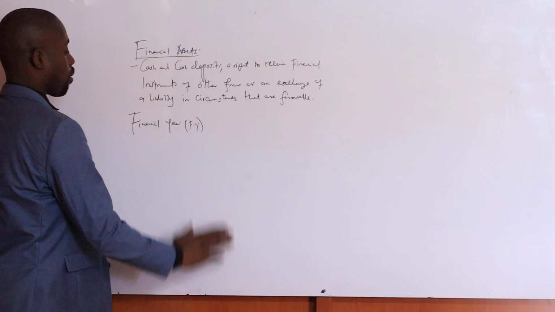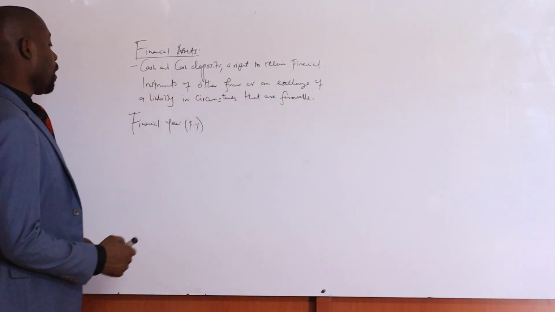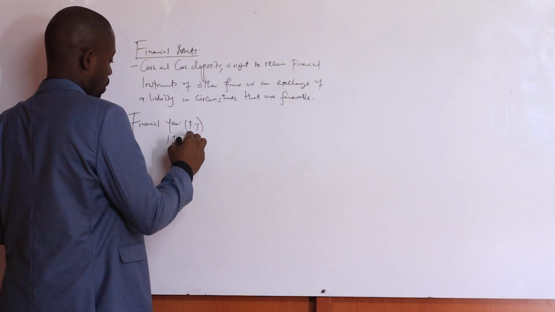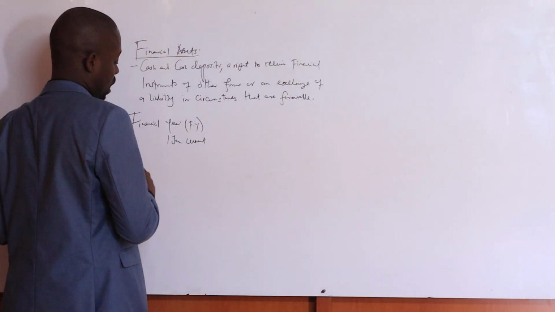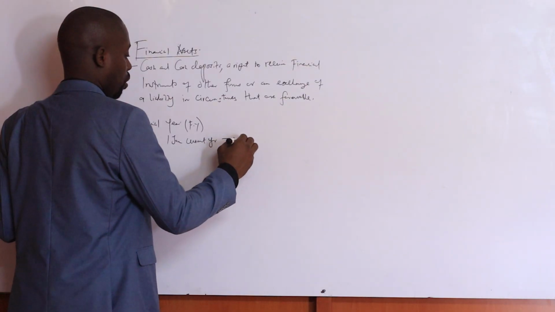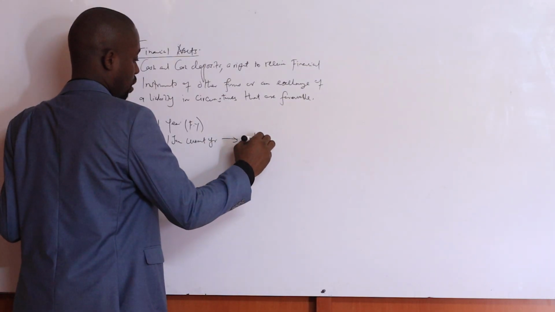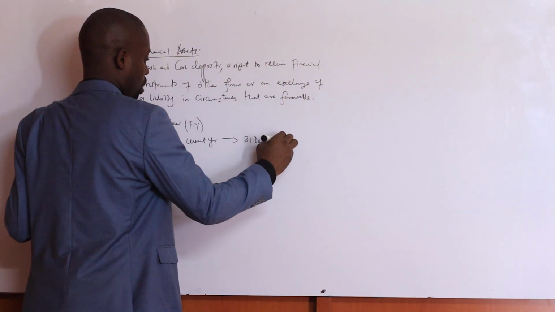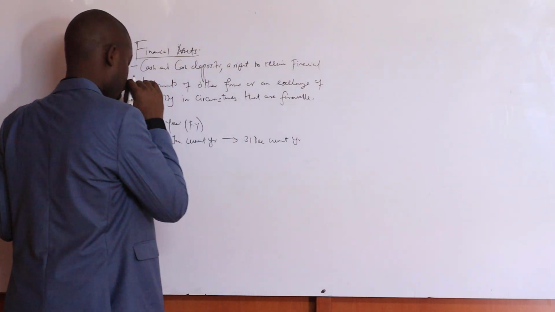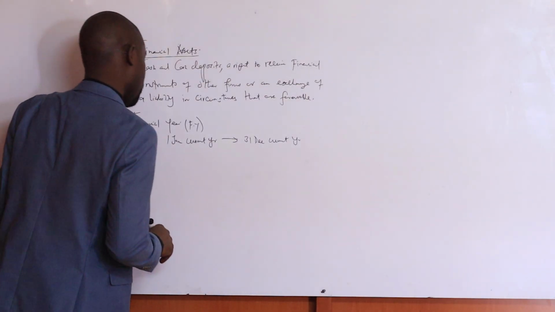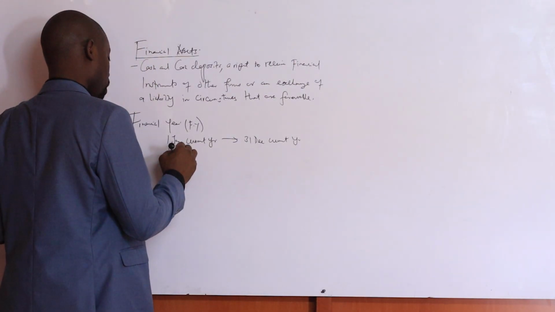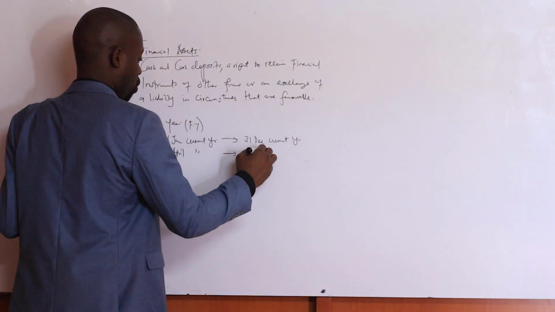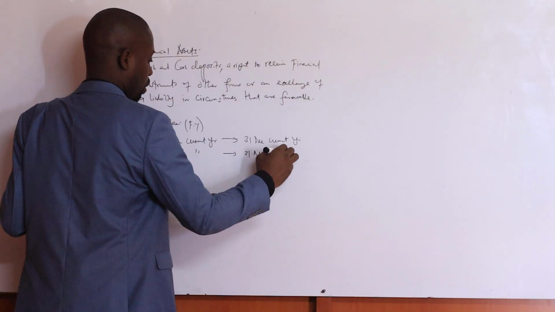I will list a number of financial year durations here. The first one is 1st January current year to 31st December current year. Another one you'll expect to encounter is 1st April current year to 31st March following year.